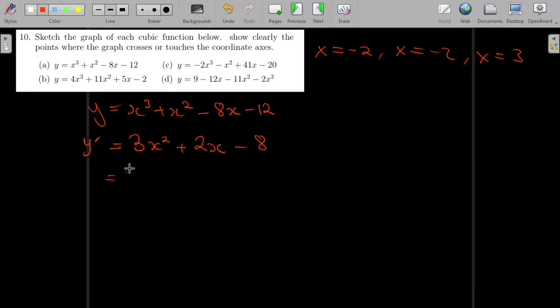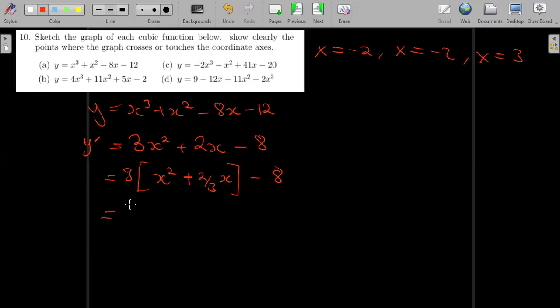So I factor out a 3 such that I remain with x squared, then plus 2 over 3x. And as I said, the constant is not included in the factoring, so I just put it here.